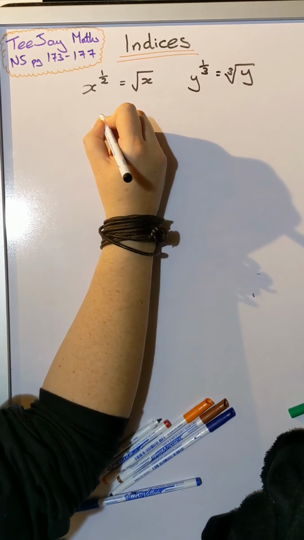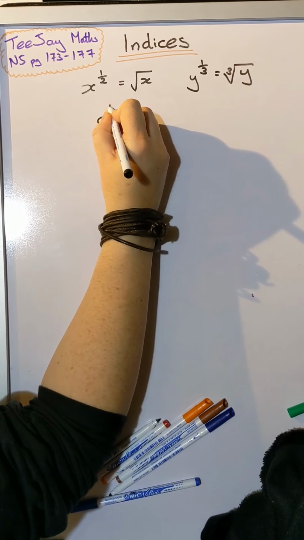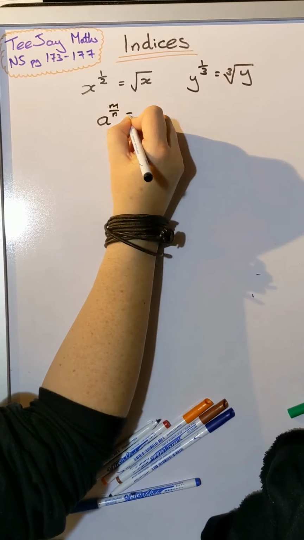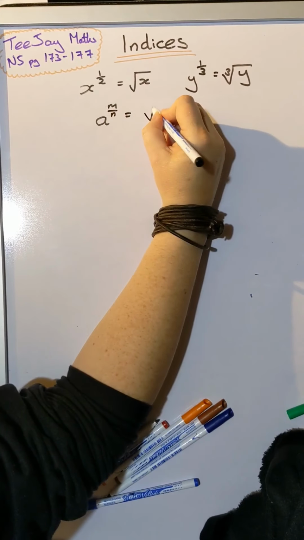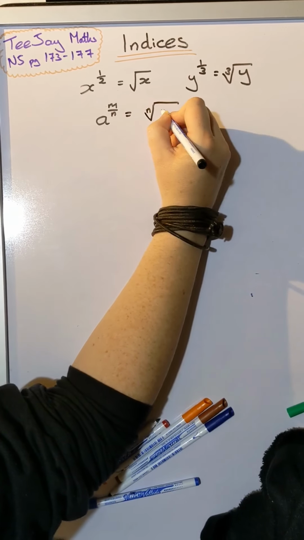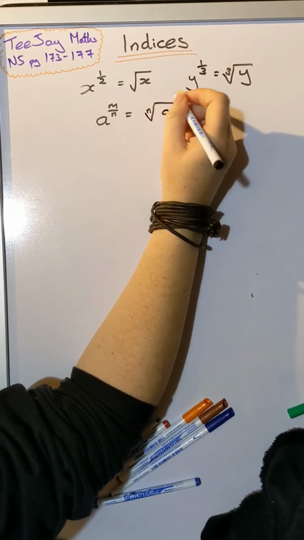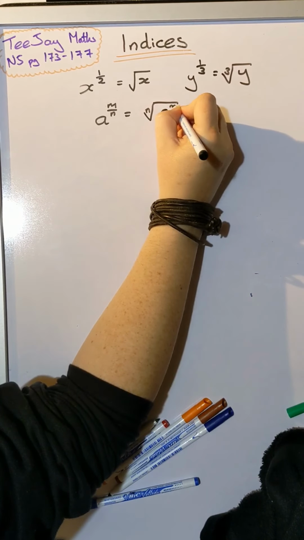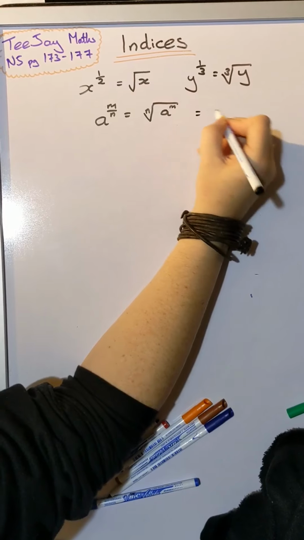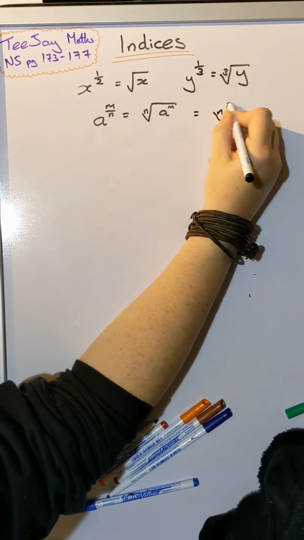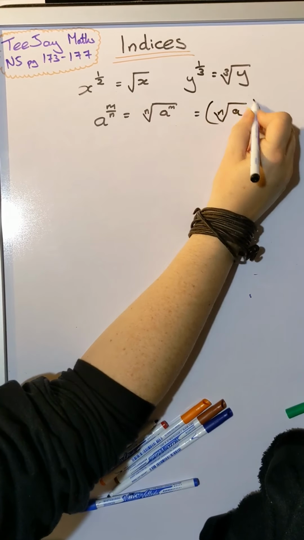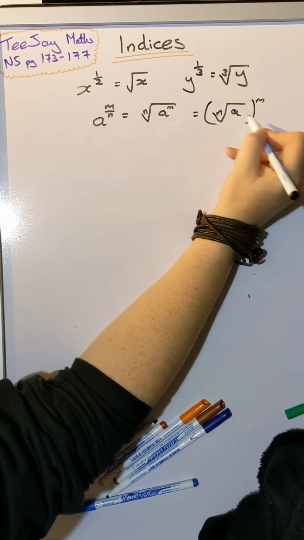So that leads us to the rule a to the power m over n equals the nth root of a to the power m, which can also be written as the nth root of a all to the power m.